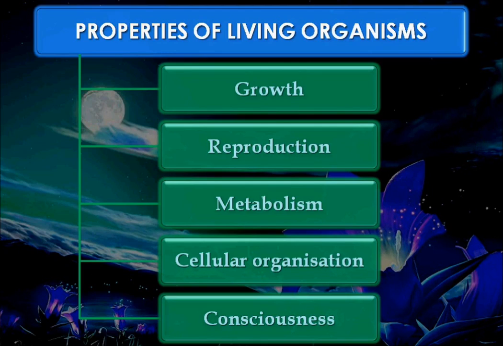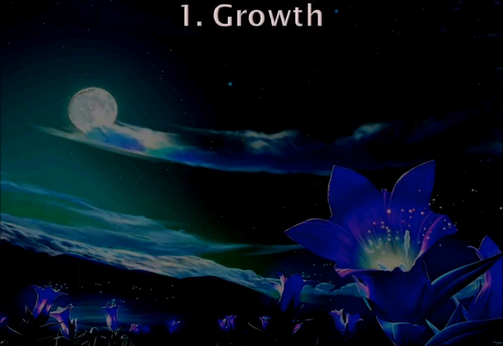These are growth, reproduction, metabolism, cellular organization, and consciousness. We will take each property one by one. So first let us study the characteristic of living organism, that is growth.